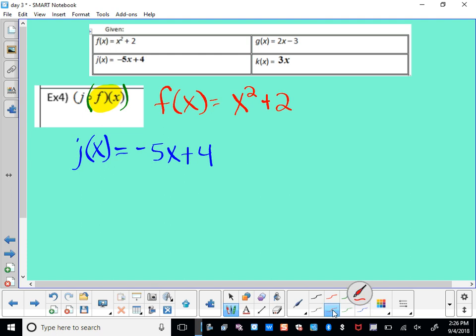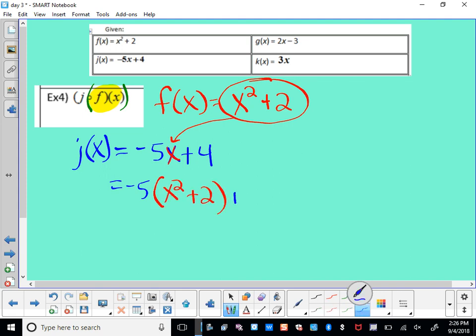So I'm taking my inside function and plugging it in for x. You should have negative 5 times, in parentheses, x squared plus 2, and then positive 4.